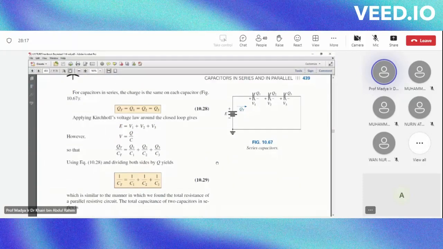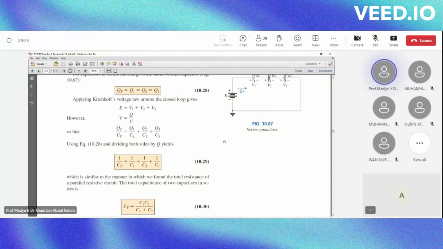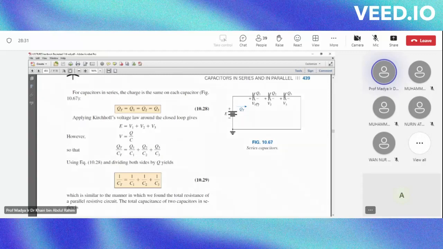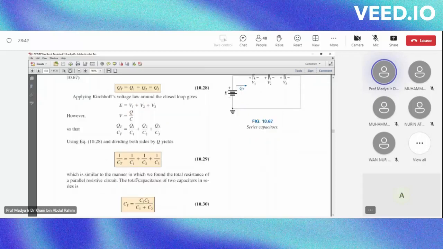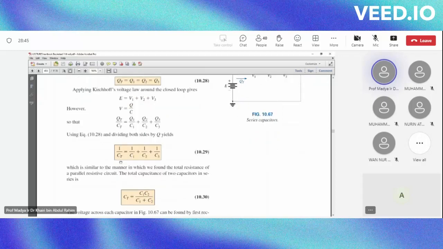And what happened is that you can calculate the total capacitance value for series and parallel capacitance. It's just terbalik from resistor. Okay, so for example, for these three series capacitors, in order for you to find the total capacitance, it's actually using this value: 1 over Ct equals 1 over C1 plus 1 over C2 plus 1 over C3 and so on.